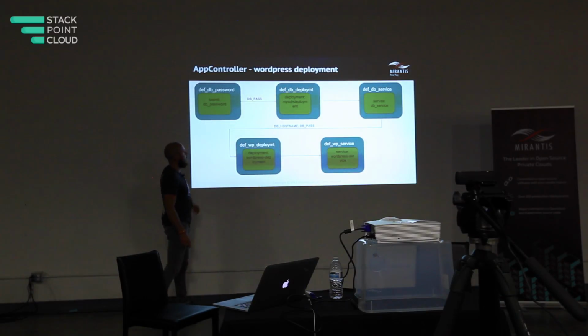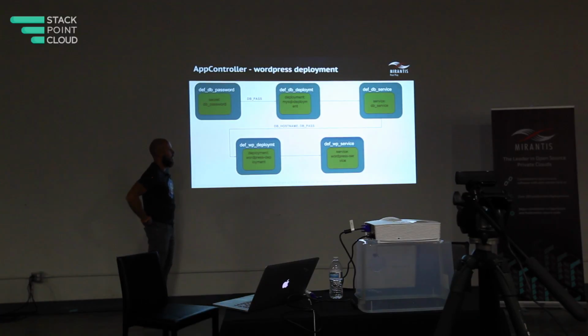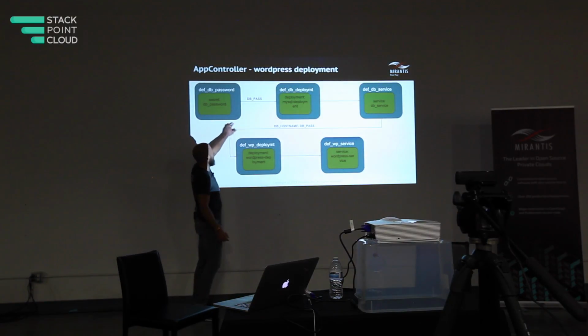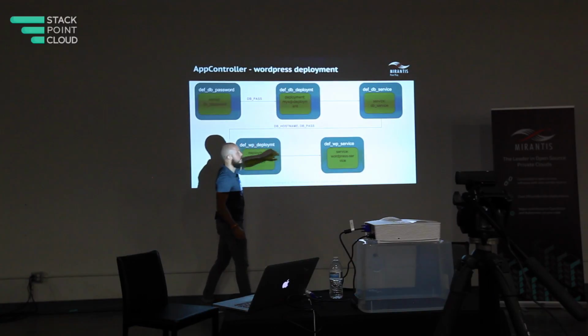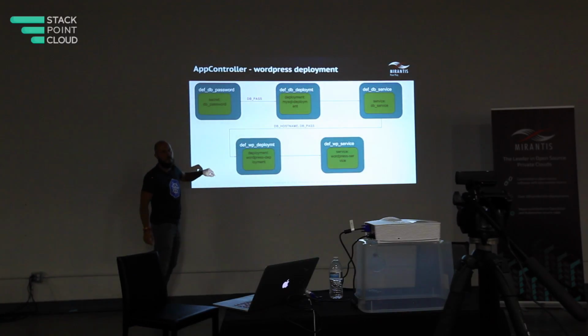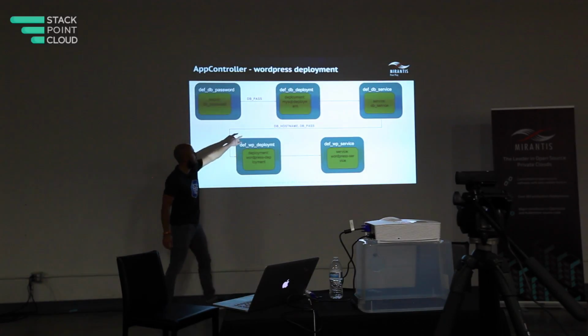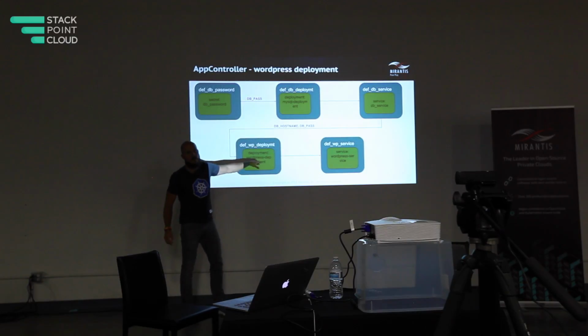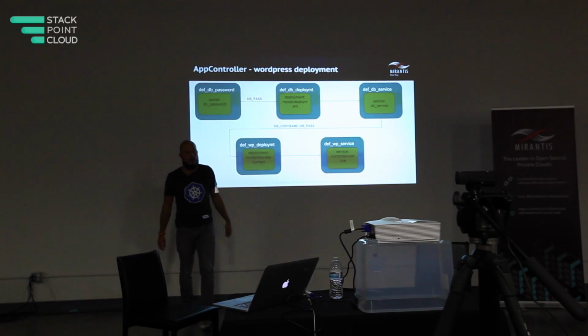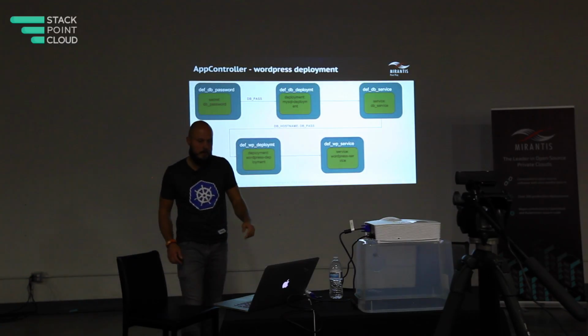Notifications and change handling will allow you, via AppController, to trigger some actions on the dependent elements of the graph depending on the change in this element. So you can tell AppController that if I change the database password, please restart all the dependent containers to pick up the new secret and reconfigure themselves.